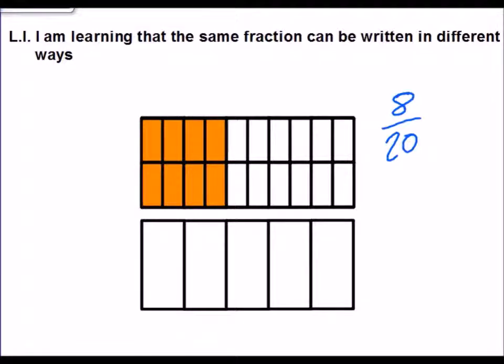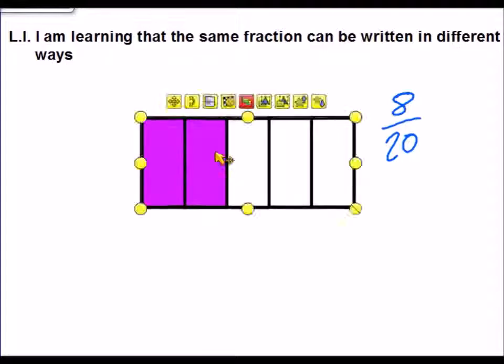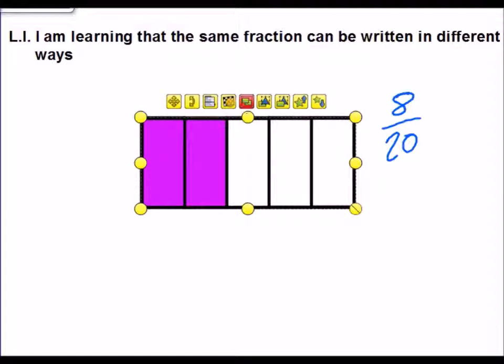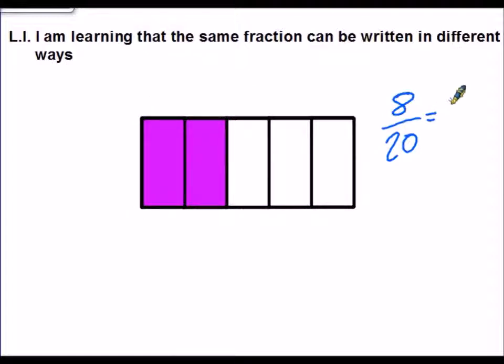But it's also similar to 2 of these fifths. So we've got fifths here, and 2/5 is the same as 8/20ths. So we're starting to see that it can be equivalent in multiple different ways. We have 8/20ths, or 4/10ths, or 2/5ths.